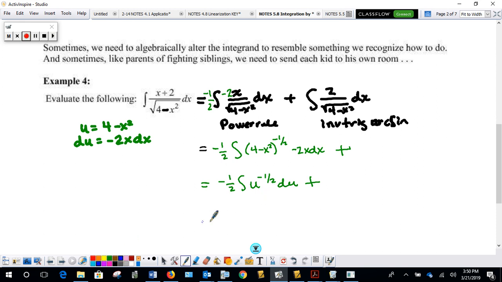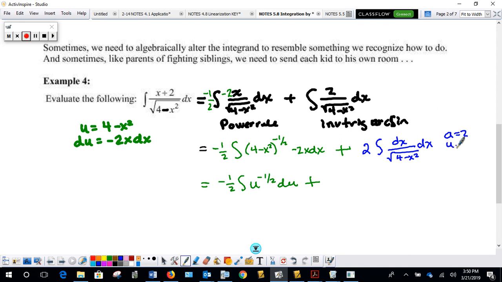All right, now if we look at the other one over here, this one is an inverse trig. So when we're doing this problem, we use the inverse trig strategy. The 2 is going to come out, because that doesn't bother me, that's a constant, so 2 antiderivative of dx over square root of 4 minus x squared, I'm going to let a equal 2.